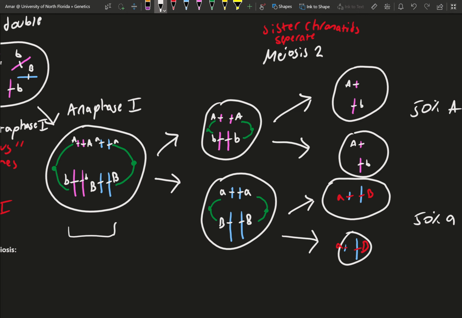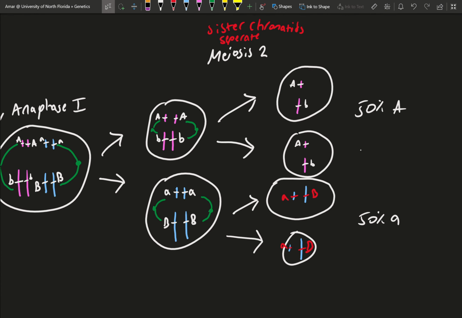Another, for the law of independent assortment, this is where you have two or more genes, and every single possible combination of alleles occurs at equal frequencies. So looking at our model right now, let's say we have an individual that is big A, little a, big B, little b.